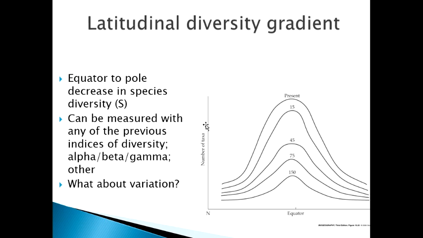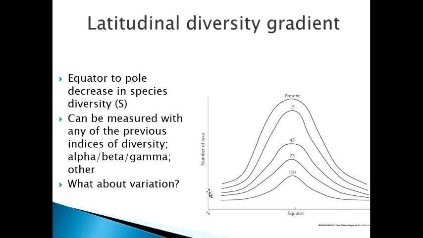Now you would know that you could plot as this y-axis. It could be simple S, counts of things, or it could be Margalef diversity, those separate values, or it could be Menhinick diversity. All of them would typically then still plot up as this nice bell curve with highest values at the equator and descending in both directions towards the pole.